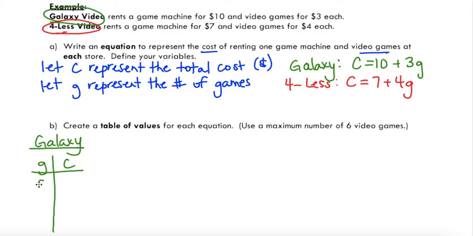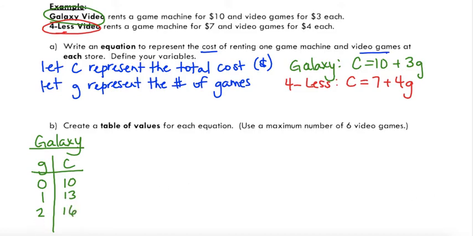If I just rent the console, so let's say I have games already at home, but my Super Nintendo broke, then it just costs me $10 to rent that video game machine. If I rent one game, it's going to cost me $10 plus $3, which is $13. If I rent 2 games, I add another $3 to that, which is $16.